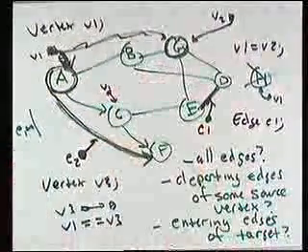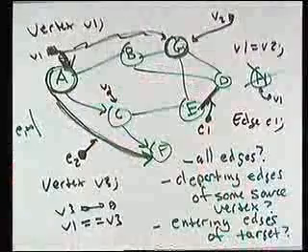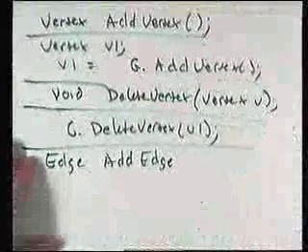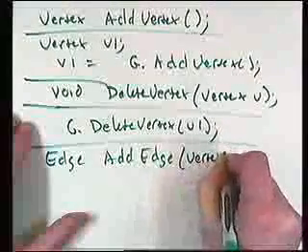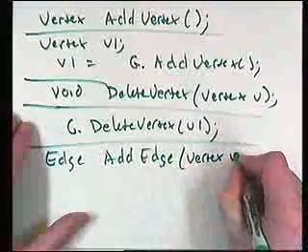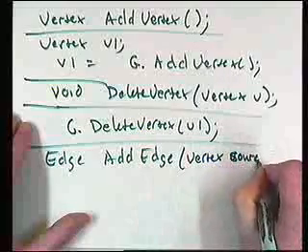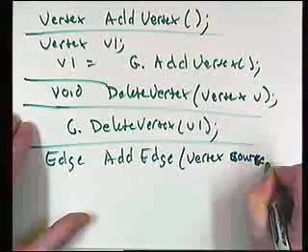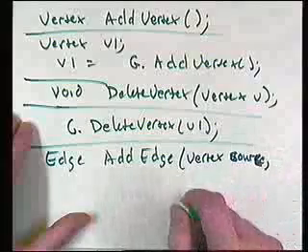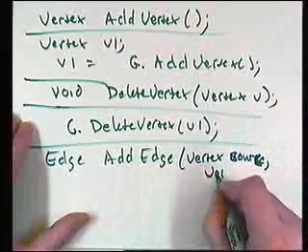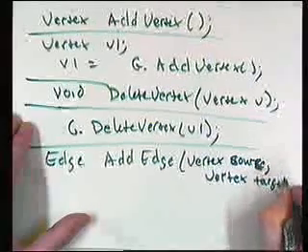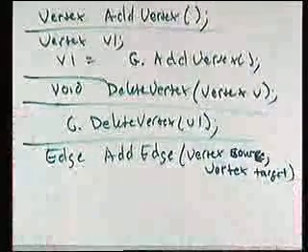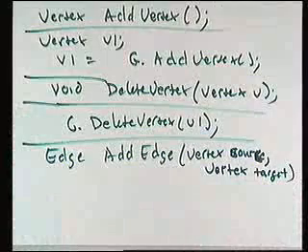If V1 points to C and V2 points to G, what my add edge method will do is say vertex takes in a source vertex, S-O-U-R-C-E. Sorry about that. Sometimes I have a brain flip. And vertex target. So I have the source and the target.